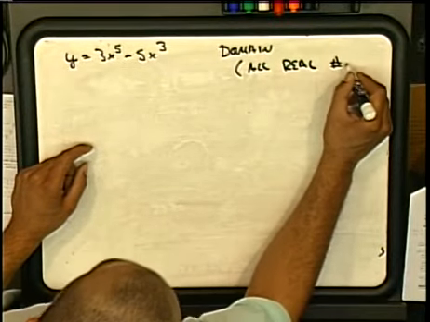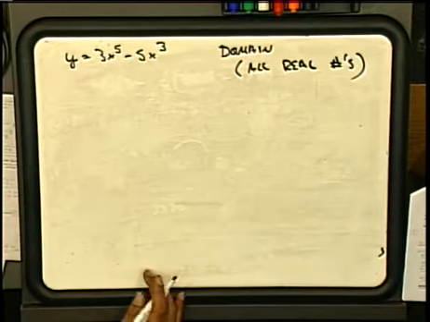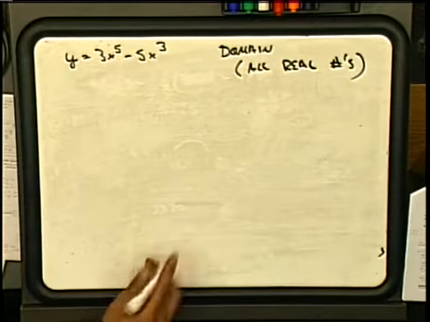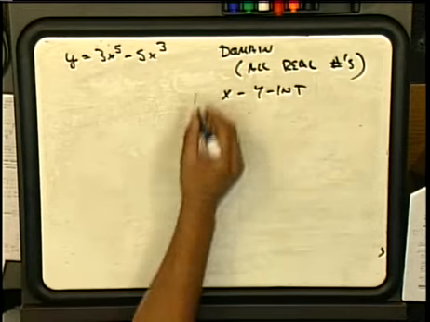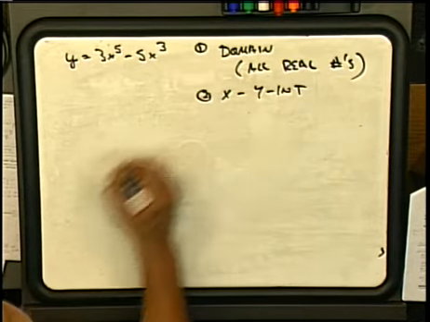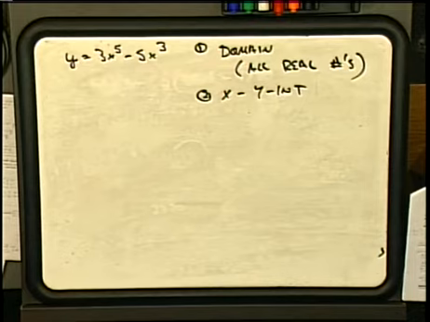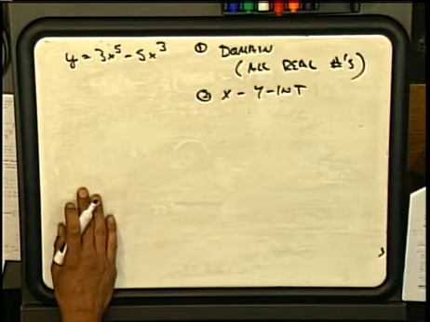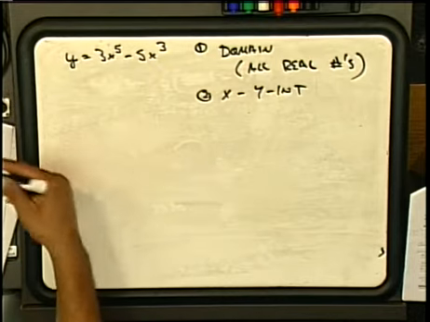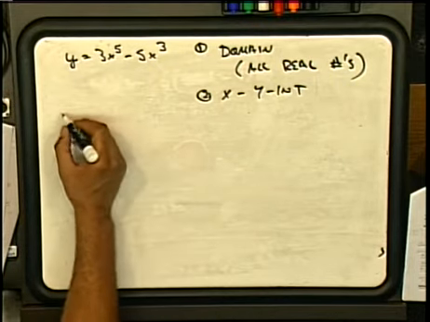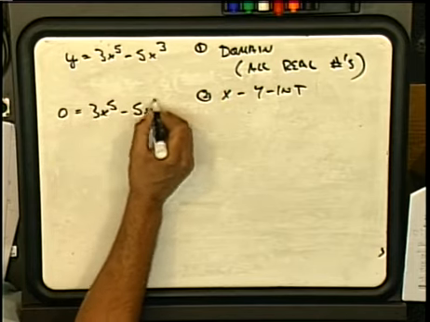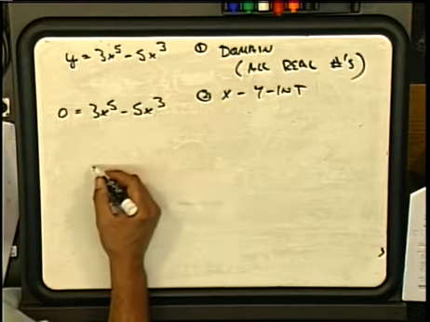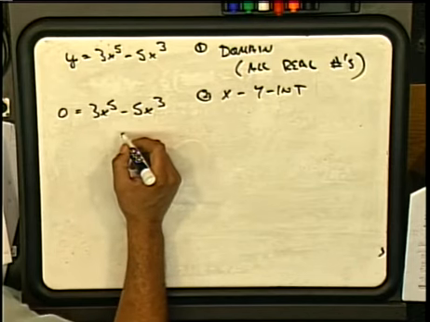Then the x and y intercepts. You said y equals 0 for the x-intercepts. Let's solve this one first.